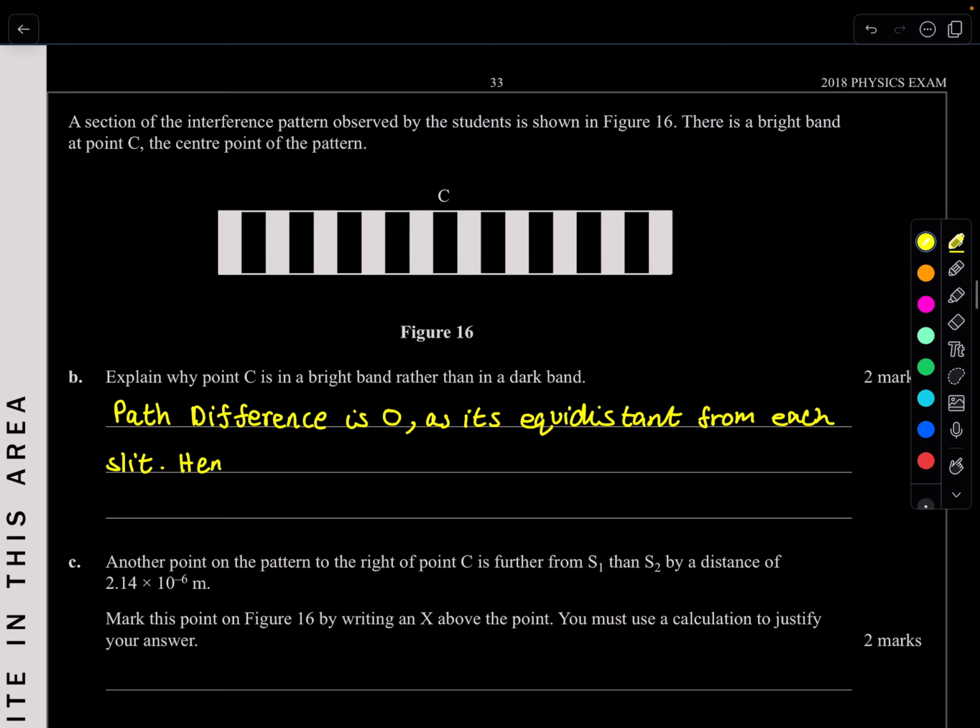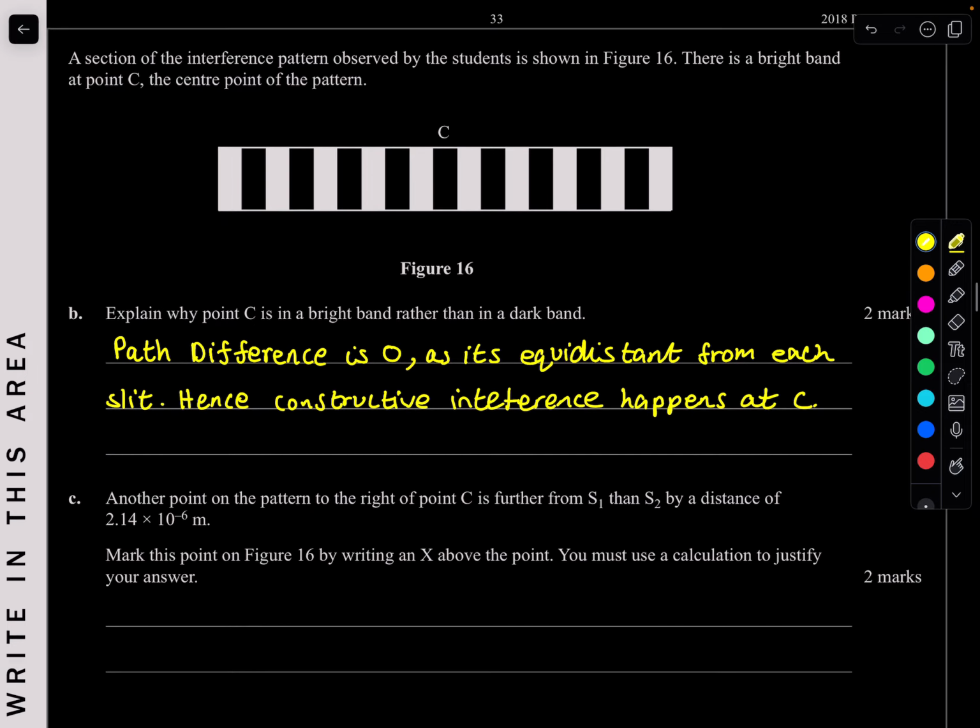Hence constructive interference happens at C. That's basically it. That should give you full marks there.